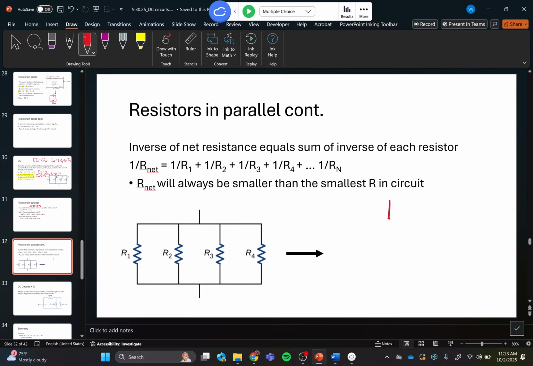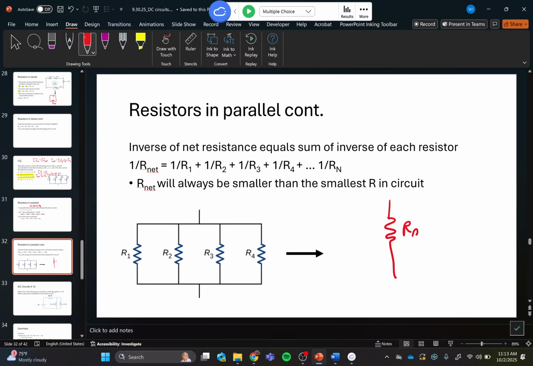What's the point of this? 1 resistor is easier to work with than 4. It's easier to work with one thing than 7 or 10 or however many you might have. Note, this is something very important. When you combine in parallel, this is a very helpful rule to have in your head.